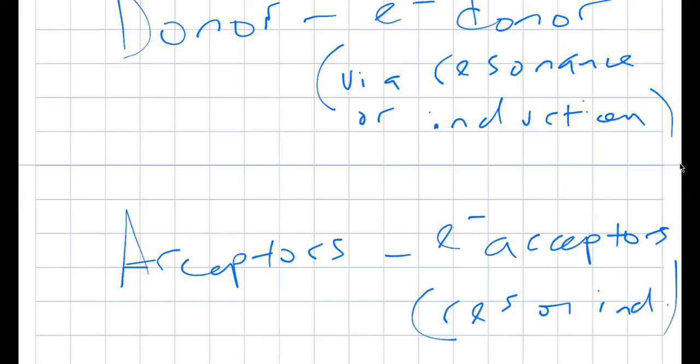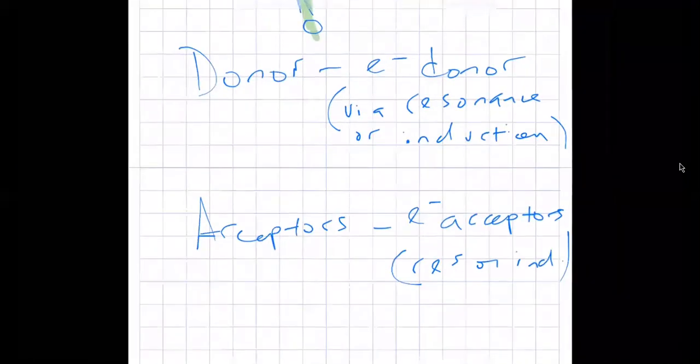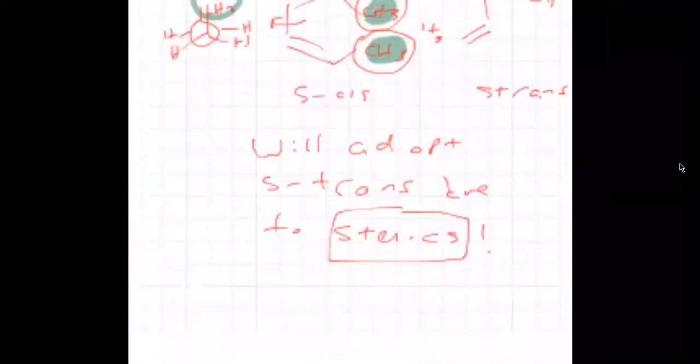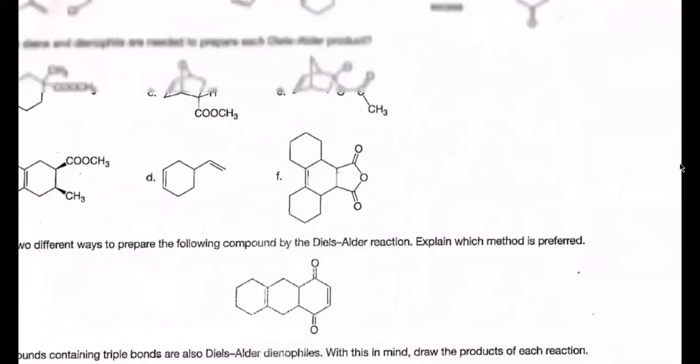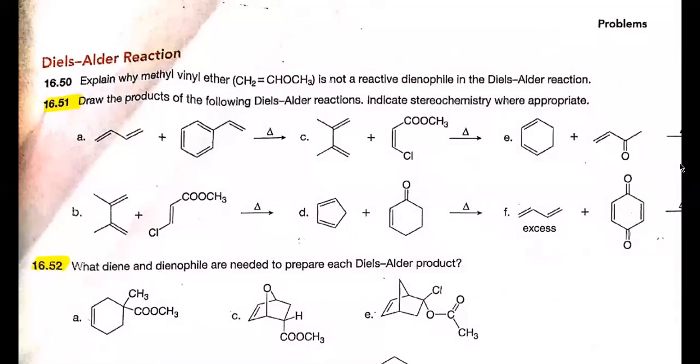All right. Let's go on. Where's my handout? See if we can work through some of these problems up here. All right. Let's do C in 1651.